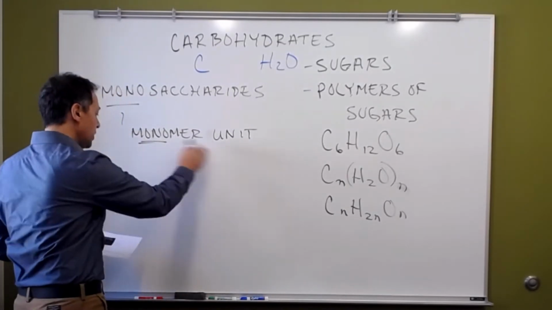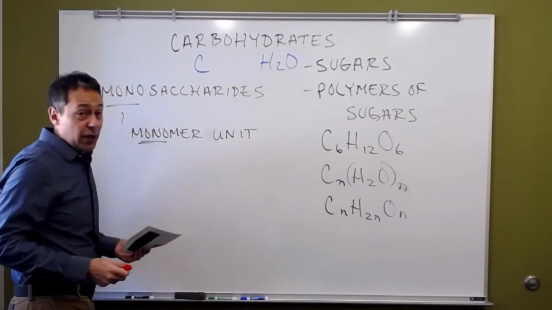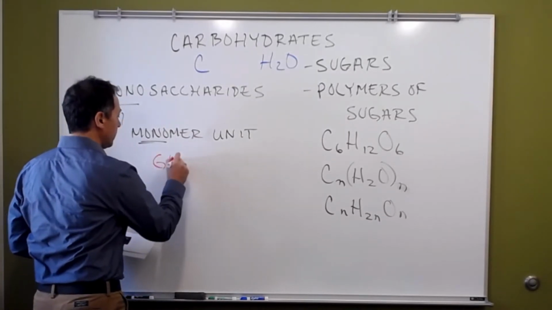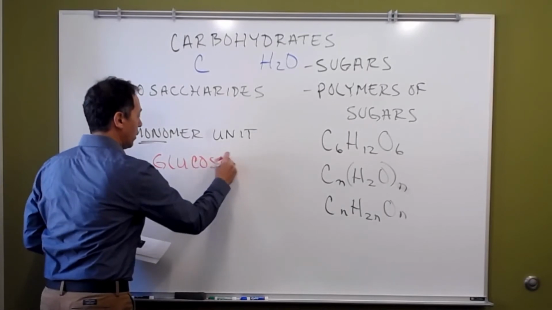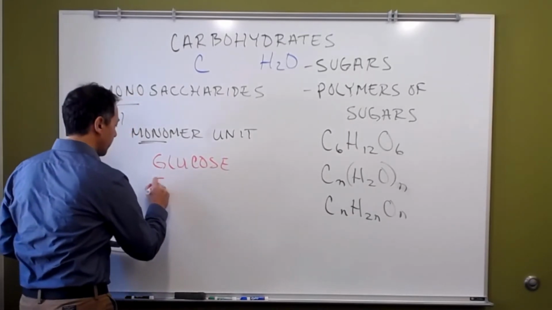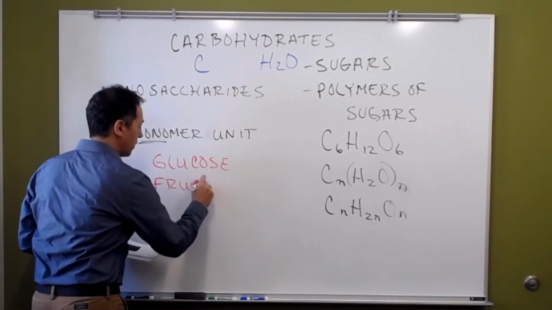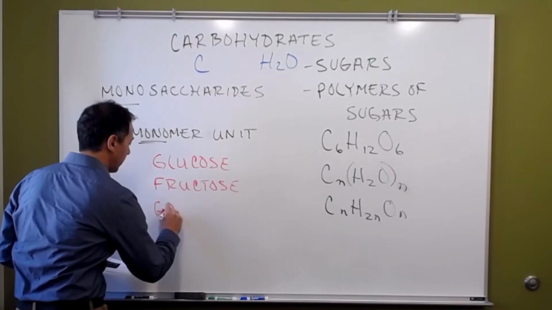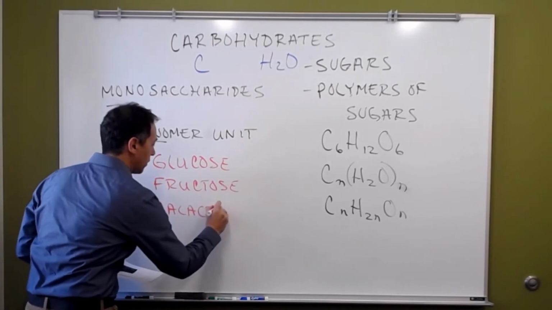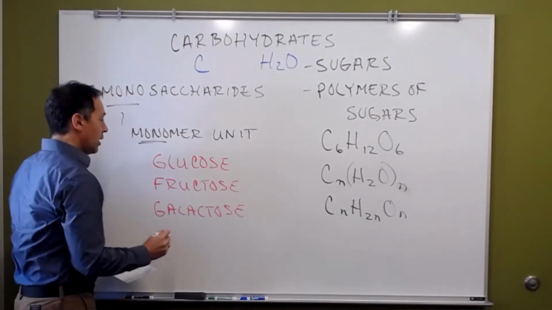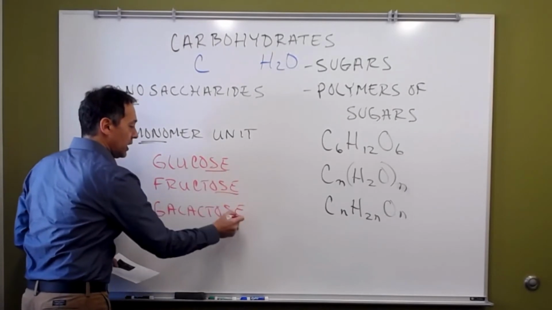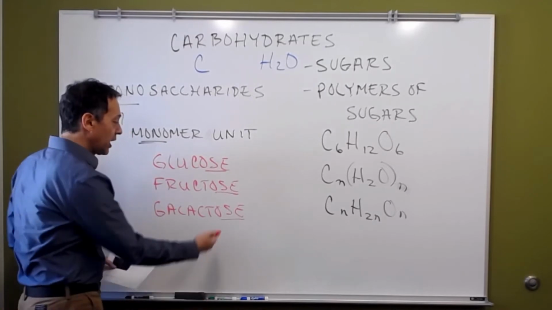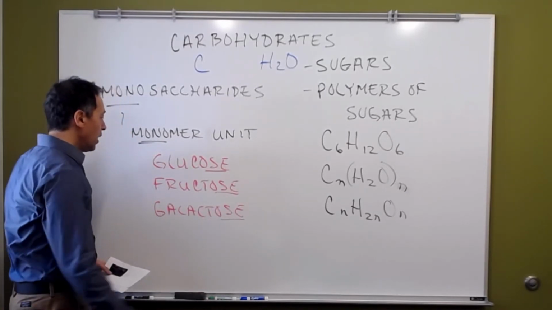Some of these monomers that maybe you've heard of, maybe you haven't, are glucose, fructose, and galactose. All of these end in OSE, which, if you've taken a biology course, you might recognize as the ending for a sugar.